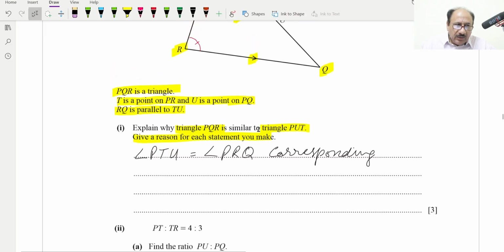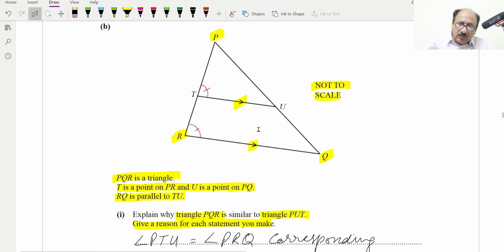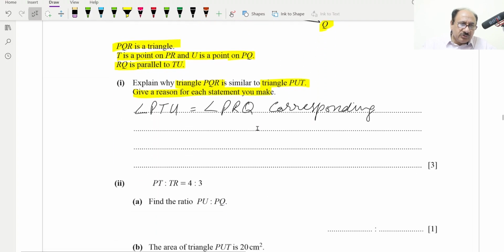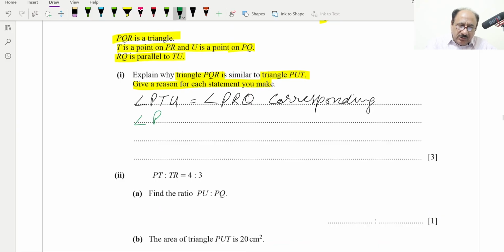Now angle PUT will be this one, and angle PQR will be this one, and these two angles will also be corresponding angles. So we will write here angle PUT is equal to angle PQR, and we write corresponding angles.